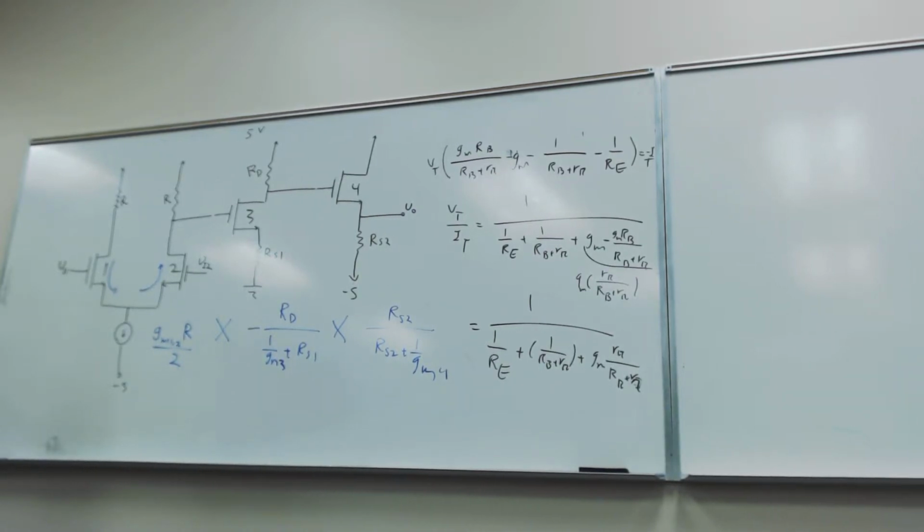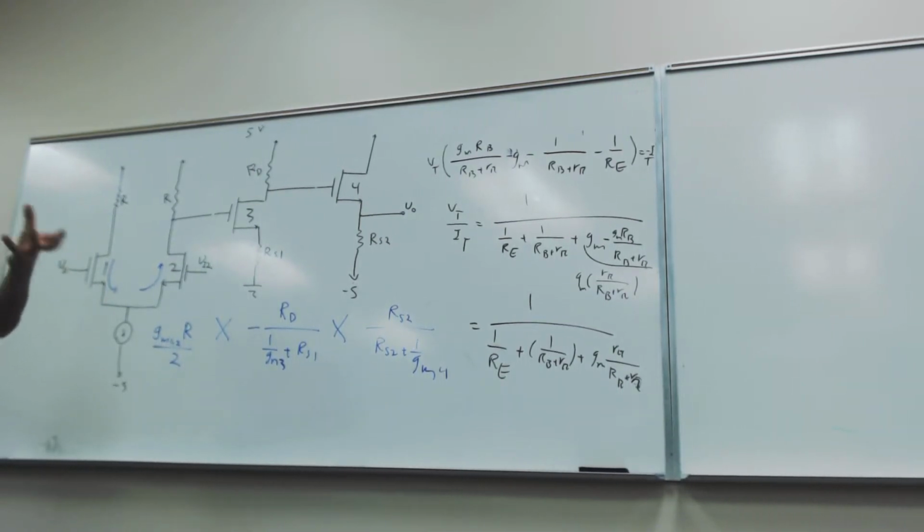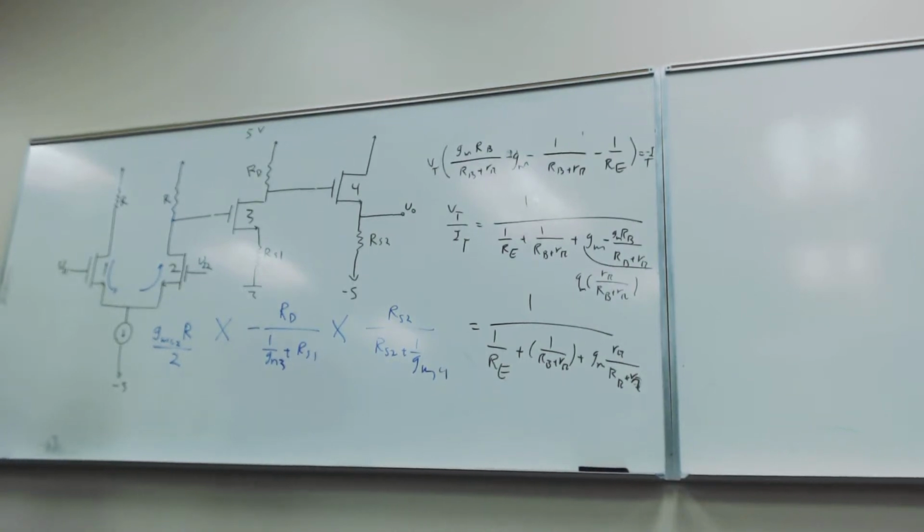More resistance, what do you mean by that? Like for application use. So you really have to compare the 1/GM of the two and see how the two compare to each other. Because on one end you're limited by RE, and the other one you're limited by 1/GM. RE is really 1/GM in BJT. So you're really limited by GM of the transistor that you're looking for, so that you get 1/GM.